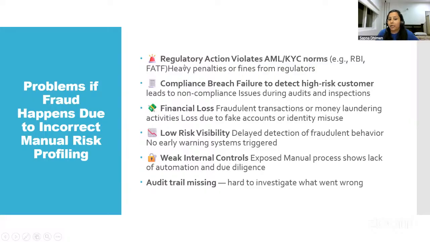Regulatory violations, because these regulatory policies come from the RBI or other regulators. If we violate the rules of AML and KYC norms, there will be penalties for the bank, and they will be high amounts of penalties. It is not like 1 lakh, 1 crore. It will be a high penalty because this is a breach of the rules.